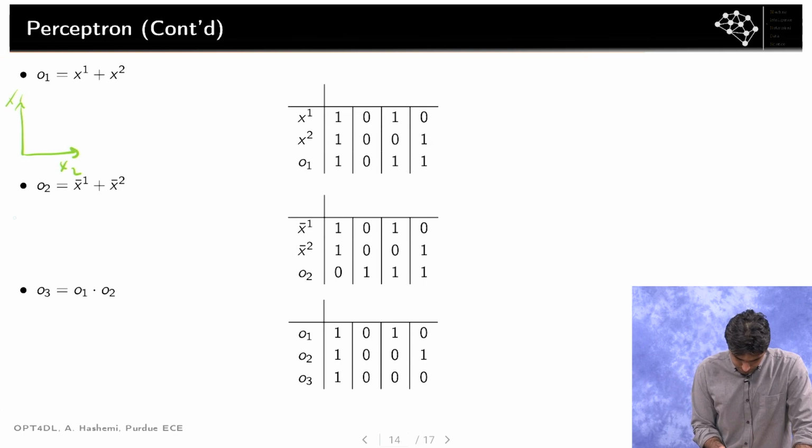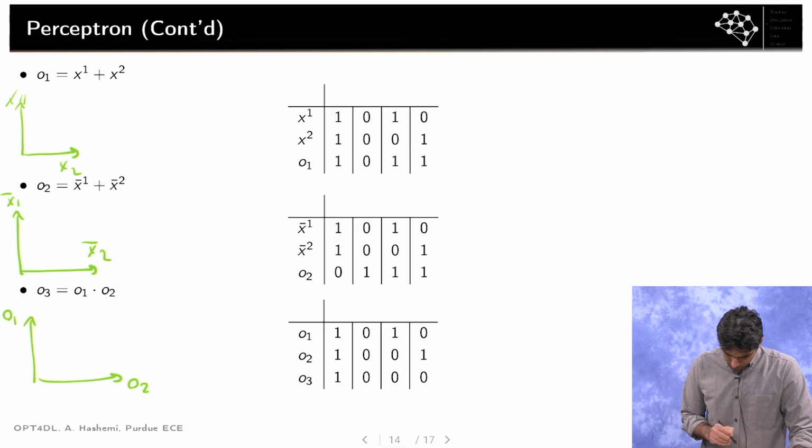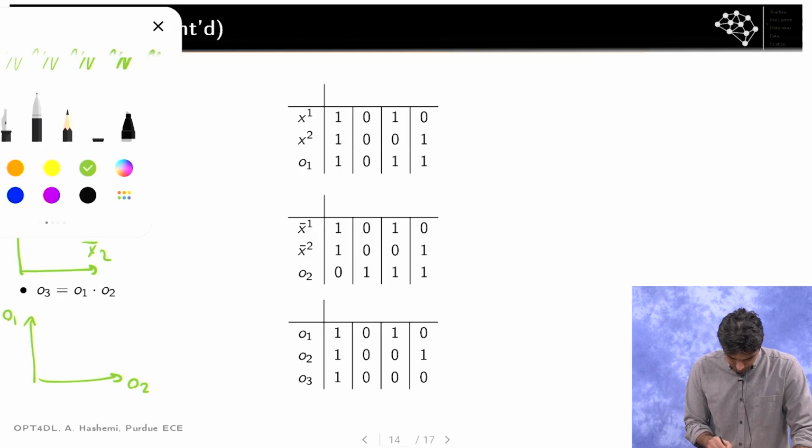So let's see how each case will look like. In this case, I have O1, O2. First case I have x1, x2, and the second case I have x1 bar, x2 bar. Okay.